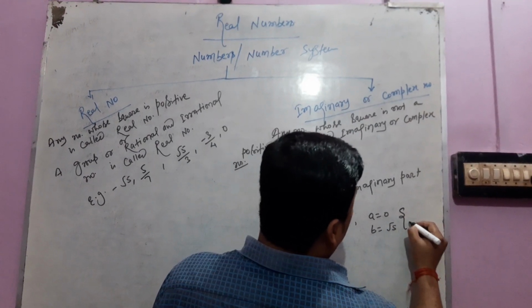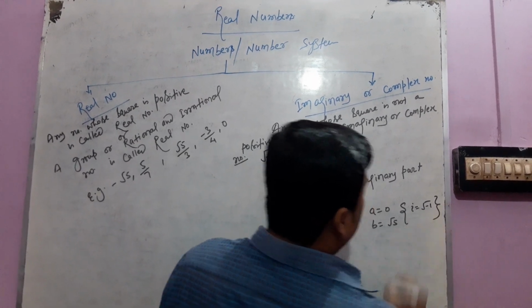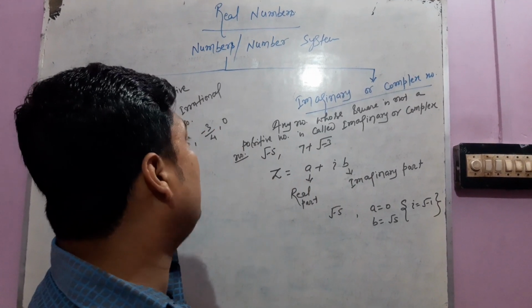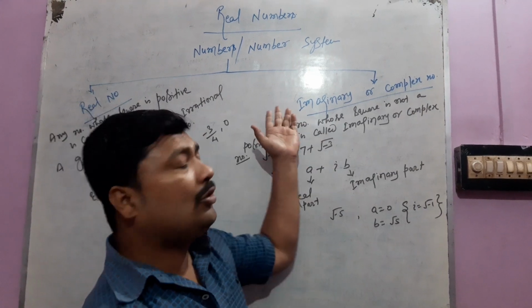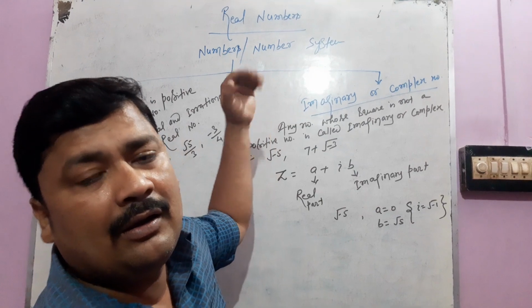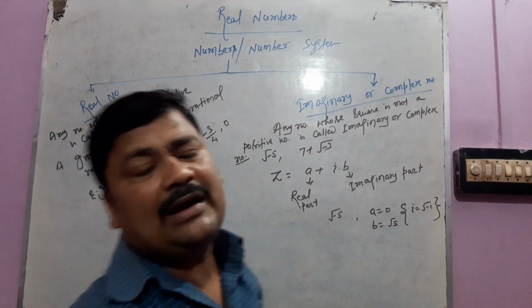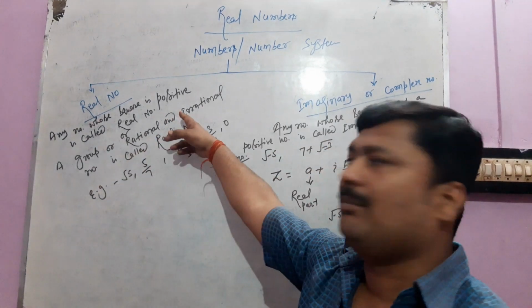We have to always remember that i is equal to under root minus 1. Now we are not going into much depth in imaginary or complex numbers because we have to study that in our senior classes. So we have to look at the different classifications of real numbers.